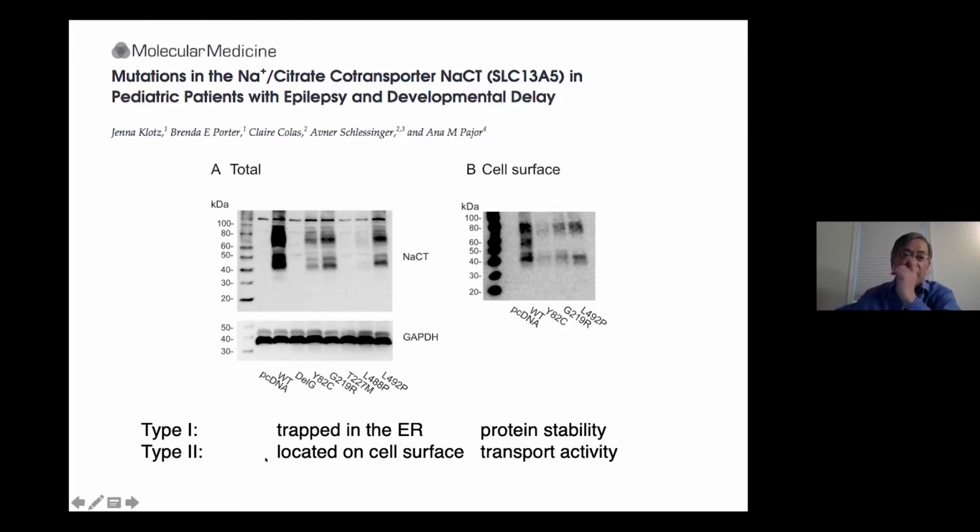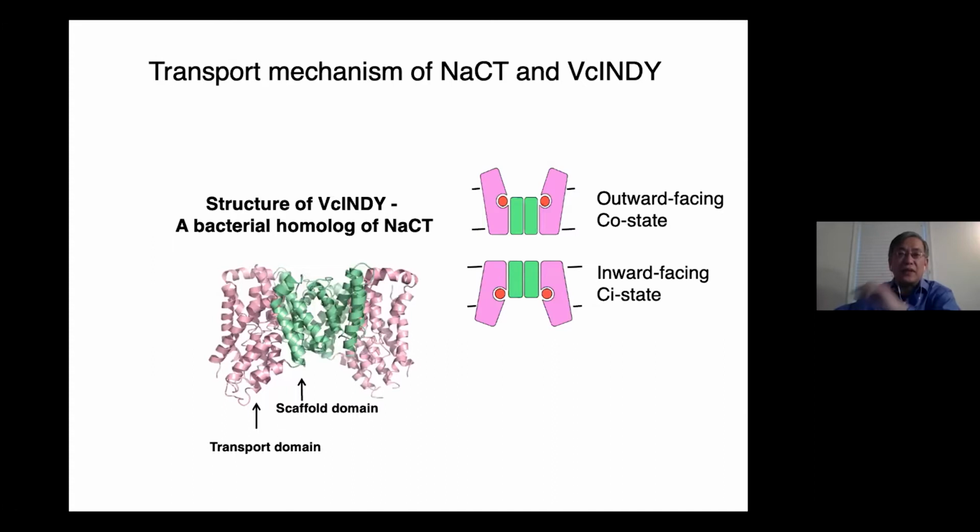The second type, type 2, are located correctly on the cell surface, in the plasma membrane, and the defect was due to transport activity. And then we wanted to analyze this further.